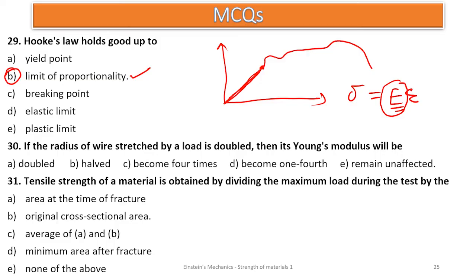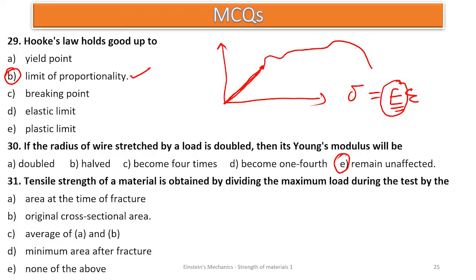It is just a property of the material and it remains constant, so it will remain unaffected. All right, so if you take a 10 mm diameter, it has the same Young modulus as 1 mm, 2 mm. It is just the property of the material.